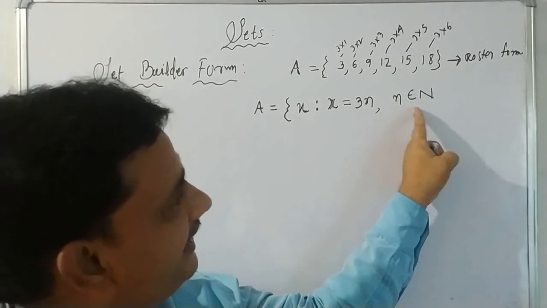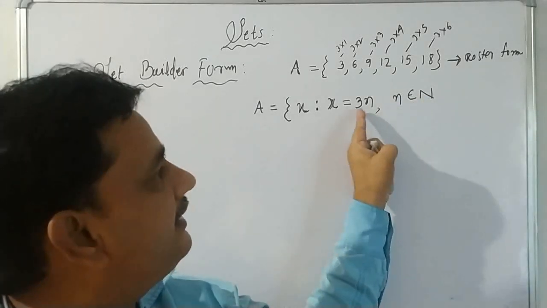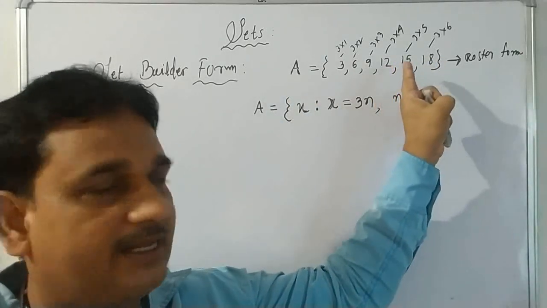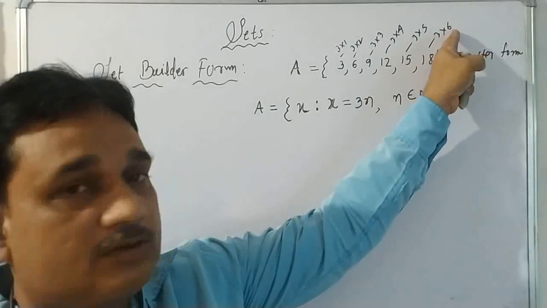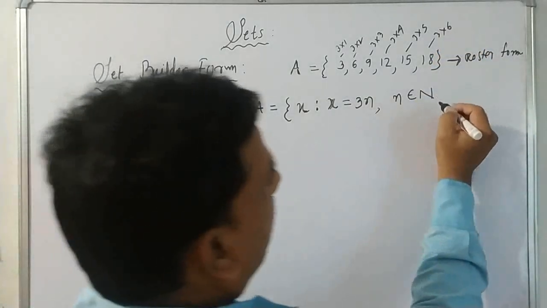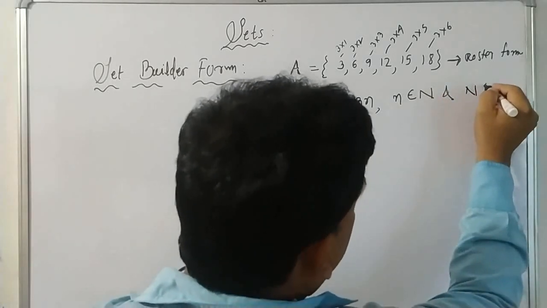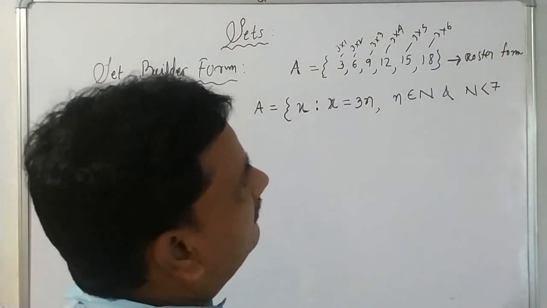Suppose I take n is equal to 10, then 3 tens are 30. Is 30 here? No, 30 is not there. Again, you have to write here, because it goes up to 6 only, and n is less than 7.